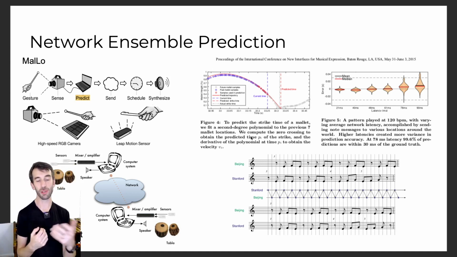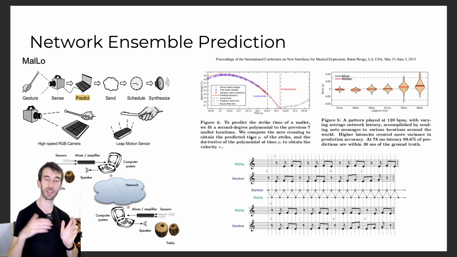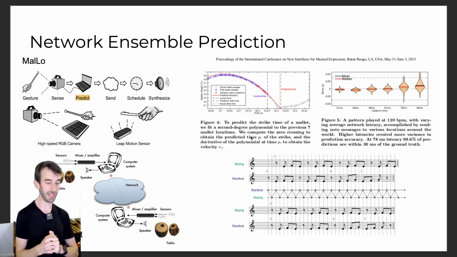Another way around this issue is to use different types of predictions. So if you know that a note is going to be played maybe a few milliseconds before it is, you might be able to send a message across the network early, and then on the other end, it could create a synthesized sound instead to represent that note.